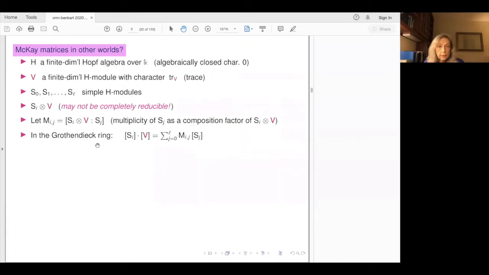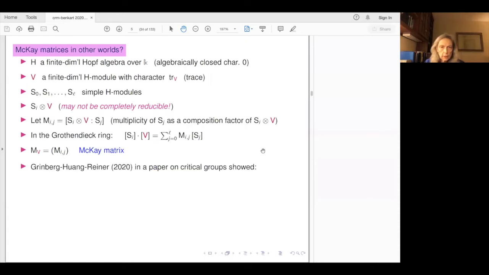And it's exactly these same M_ijs. So if we go to the Grothendieck ring, it's basically doing the same thing we've been doing because the product in the Grothendieck ring is the tensor product. So again, we can think about the McKay matrix.